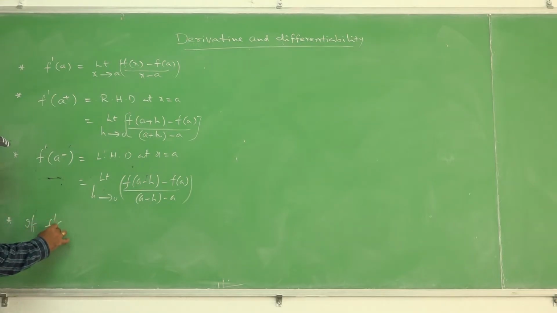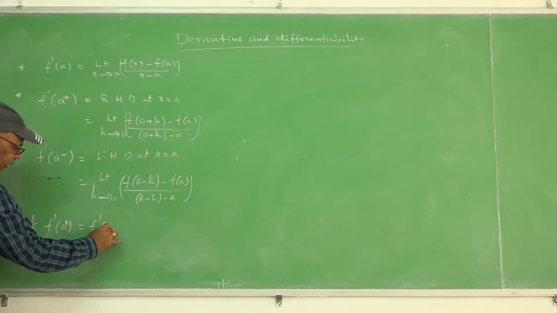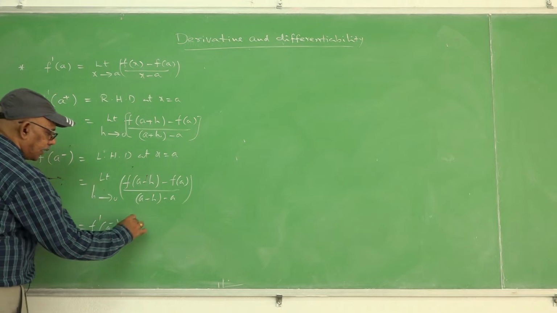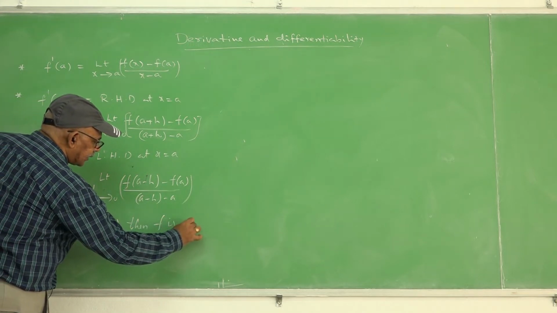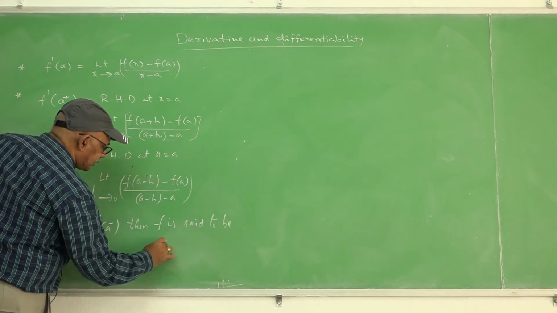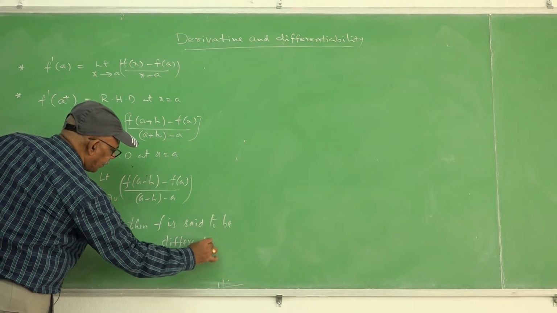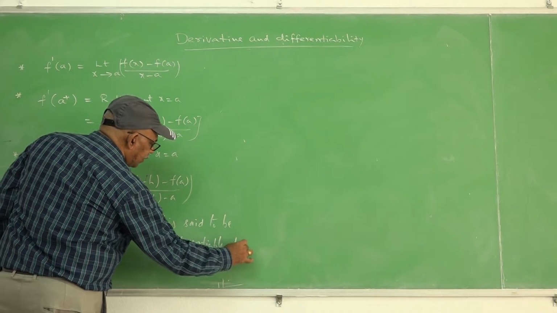If f dash a plus is equal to f dash a minus, that is, if the right derivative is equal to the left derivative at a, then f is said to be differentiable at x equal to a.